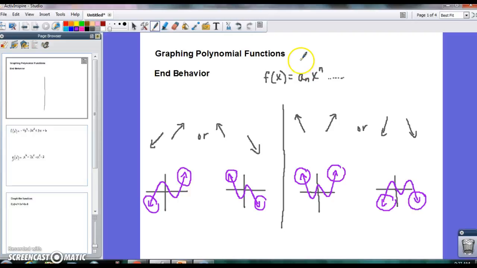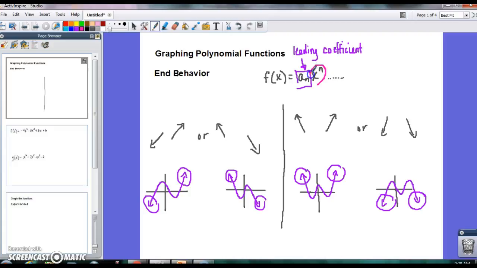This a sub n represents your leading coefficient. Okay, that's what a sub n is in this example. And you'll hear people refer to it as a sub n. That just means your leading coefficient. I'll do this in pink.